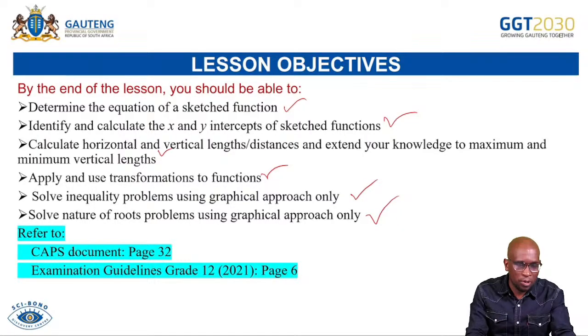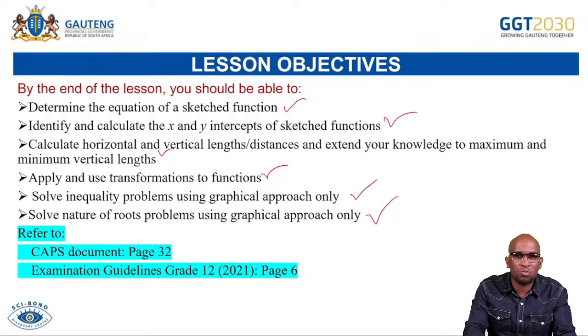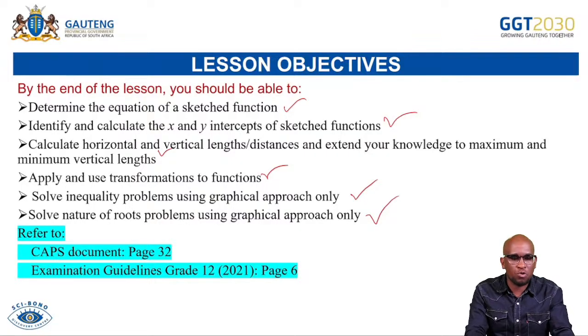Right, obviously, you can refer to the policy document on page 32 as well as the exam guideline on page 6 to see the scope within which you should know your functions.